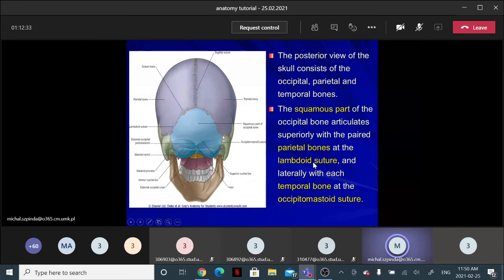So two endings of the lambdoid suture are called asterions, and at the place where the lambdoid suture meets the sagittal suture is lambda, the craniometric point lambda.